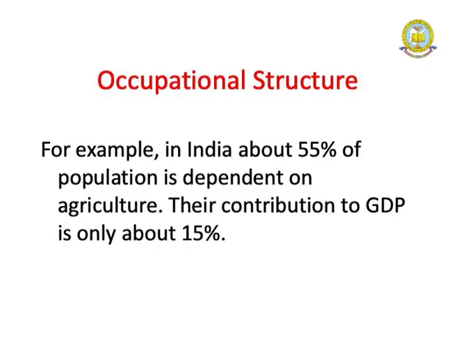The third one is occupational structure. If you take for example India, most of our GDP is contributed by the services sector, and only 15% of the GDP is contributed by the agriculture sector, whereas 50 to 60% of the population is dependent on agriculture. That shows why the disparities in income are very high.